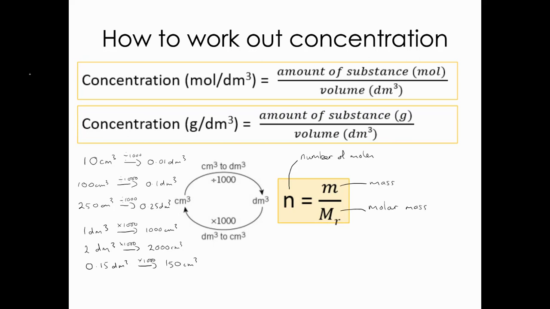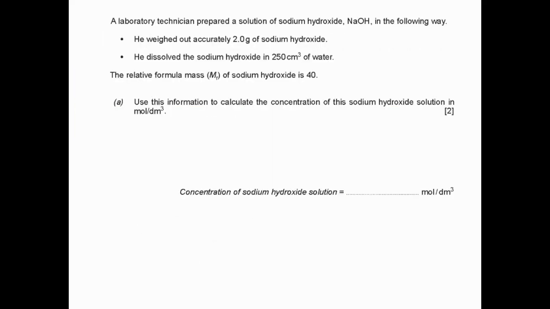That's the relative formula mass if it's an ionic compound, or the relative molecular mass if it's a molecule. If it's an element, then it would be the relative atomic mass. So it's what the mass of 1 mole of that substance would be.